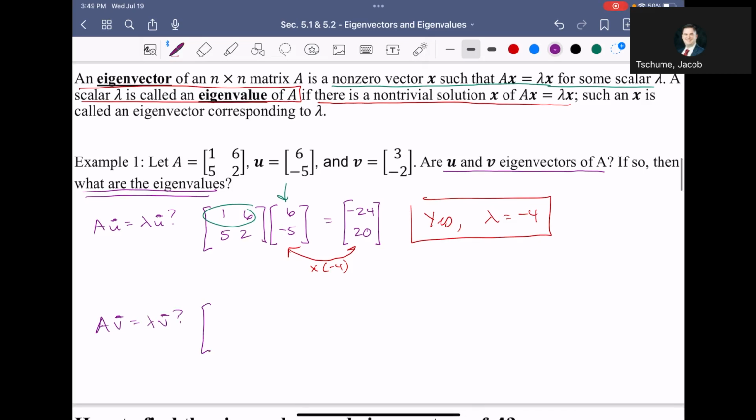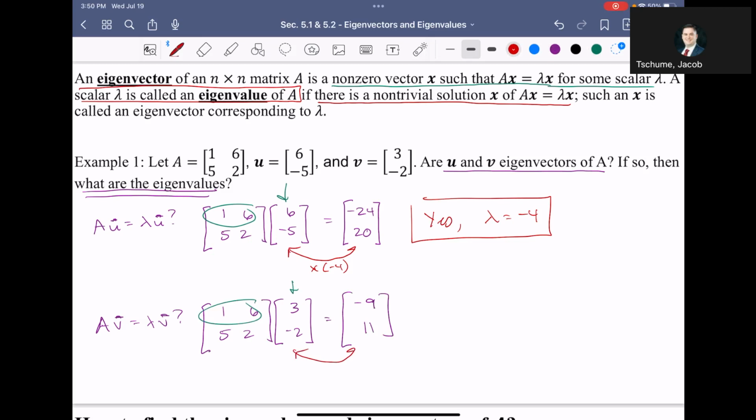Well, if I take matrix A again, and this time I'll multiply it by the vector (3, -2). So doing my same steps, if I take the first row of matrix A and multiply it by the column, that would be 3 minus 12, which is -9. And if I take the row (5, 2) and multiply by it, that would be 15 minus 4, which is 11.